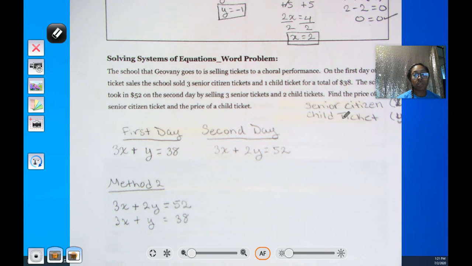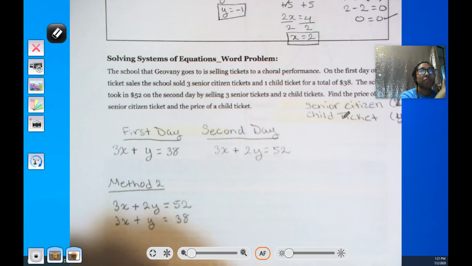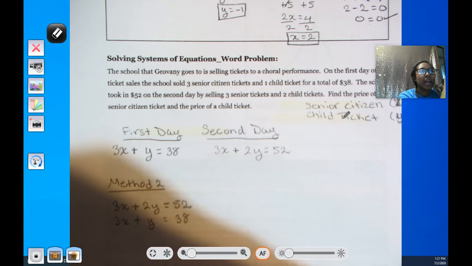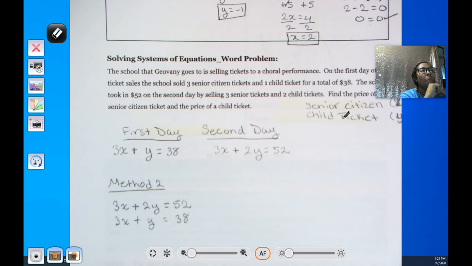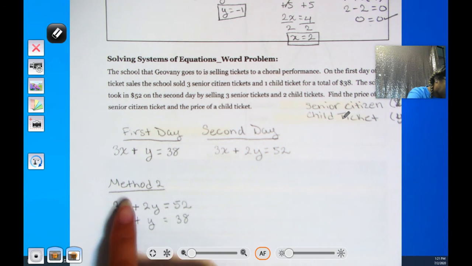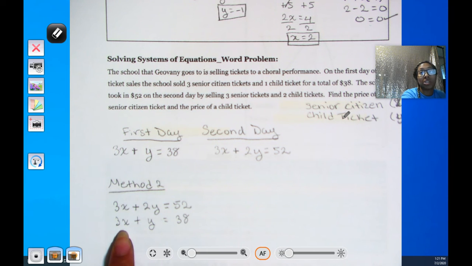Well, I know that in order to use the elimination method I have to meet 2 criteria, right? I need my variables to have the same coefficient and opposite signs. When I look at my variables, I see that the X's have the same coefficient. So it meets one of my criteria, right?